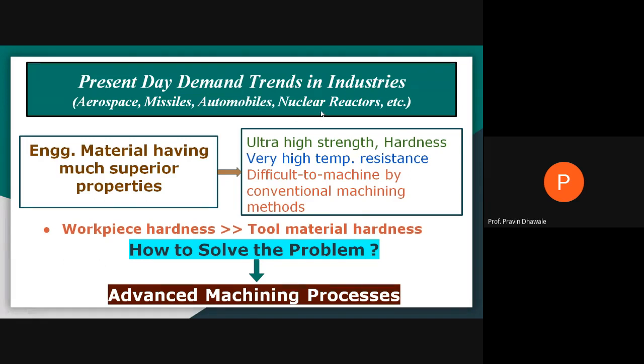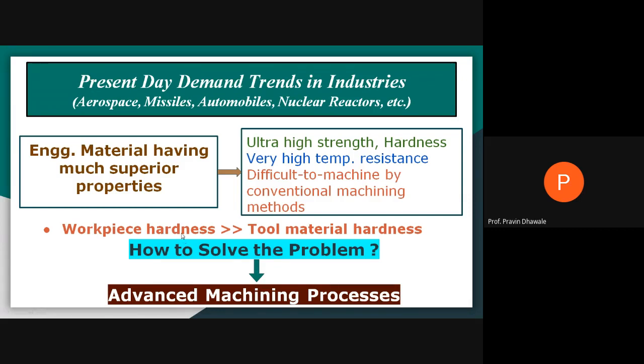But machining of such material is quite difficult by using the conventional machining process, where we require a tool which has very high hardness. If you consider ultra high strength stainless steel, then that material has very high hardness.